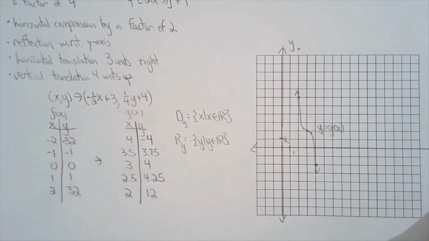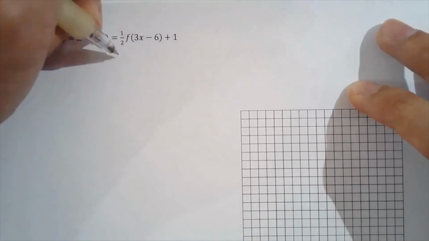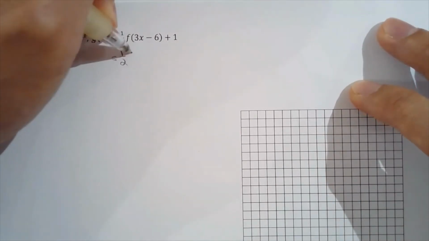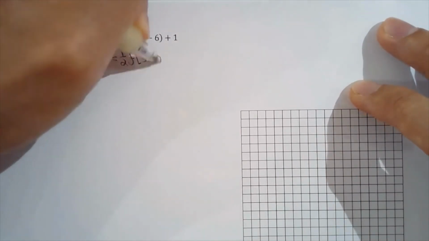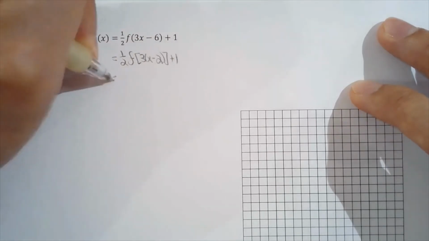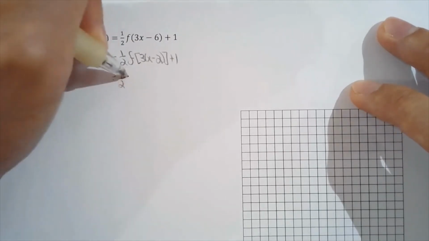Okay. All right, let's do the next example. Let's start off by factoring first. The main equation is a cubic we're transforming.